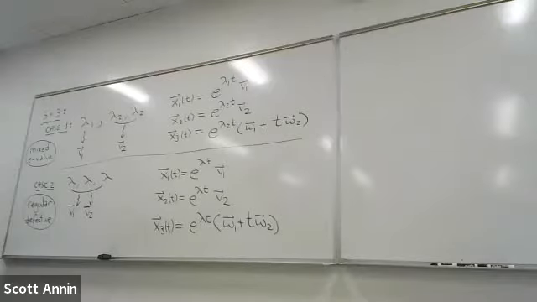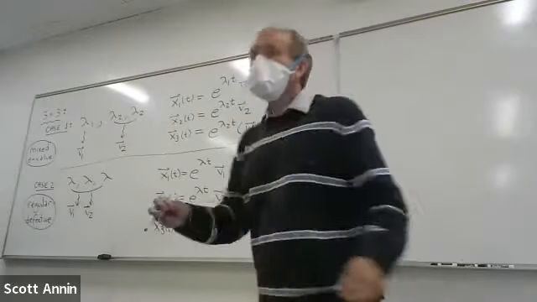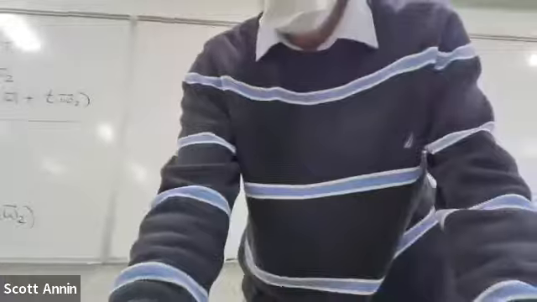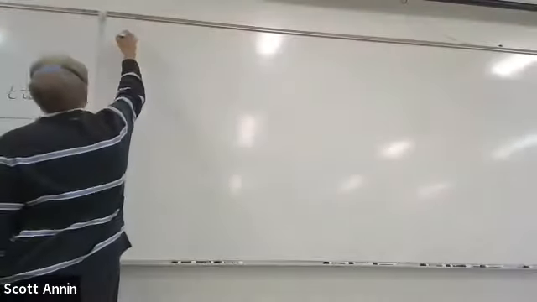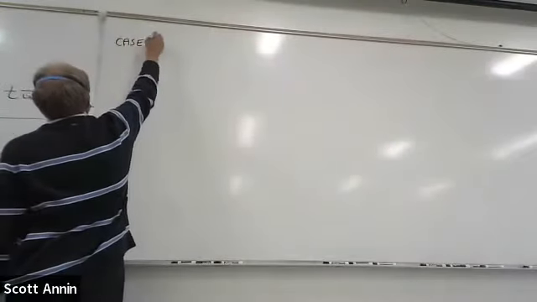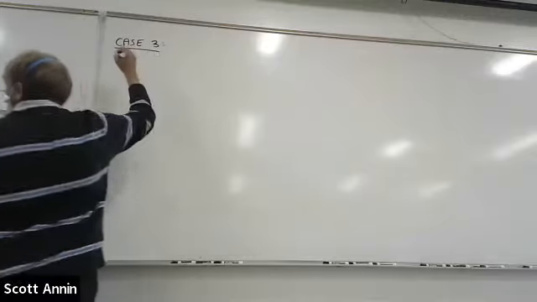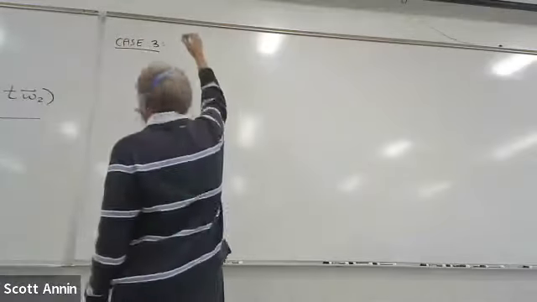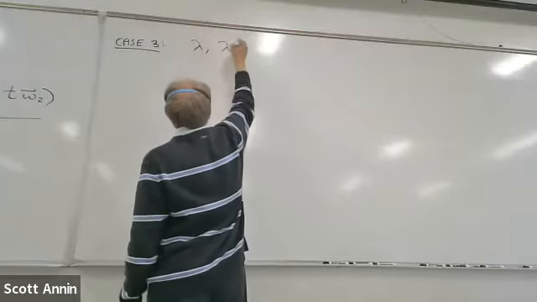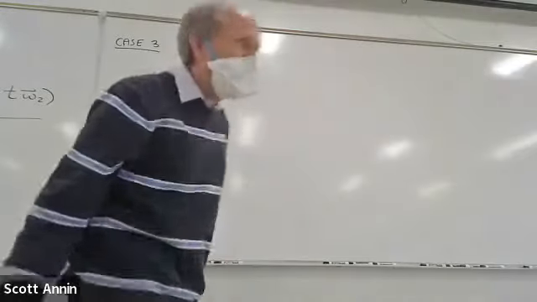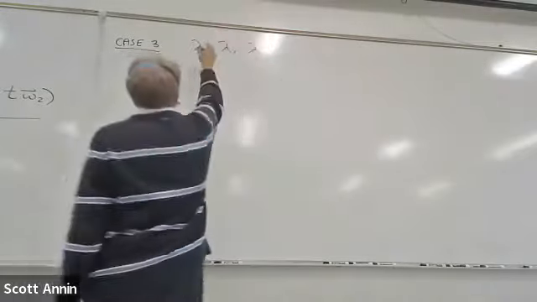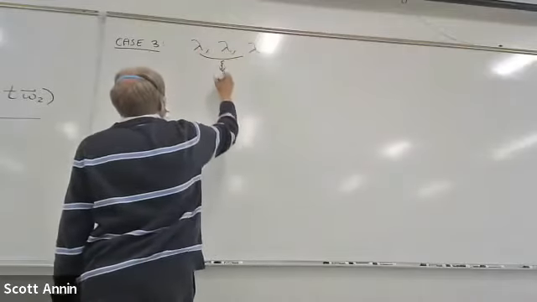You ready for the really scary one? Case 3 is the really tricky one. In case 3, you have only one lambda 3 times, lambda, lambda, and lambda, but you only get one vector out of it.